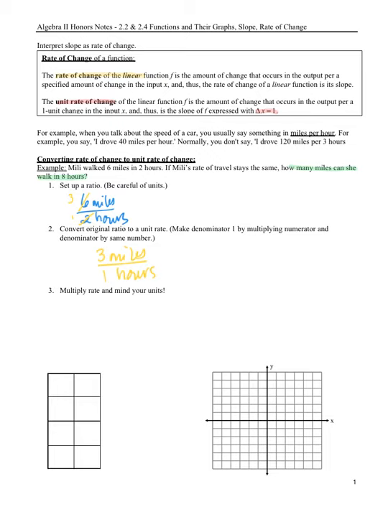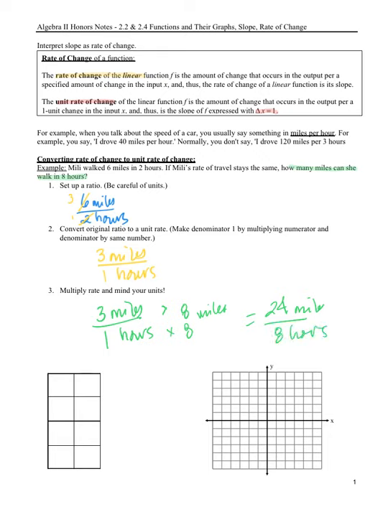We want to know how many miles she can walk in 8 hours. So I'm going to take that 3 miles per 1 hour, and I'm going to multiply both the numerator and the denominator by 8. And that is going to give me 24 miles for every 8 hours.